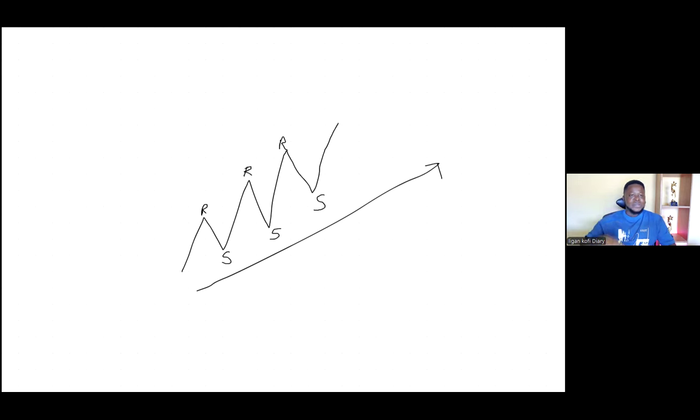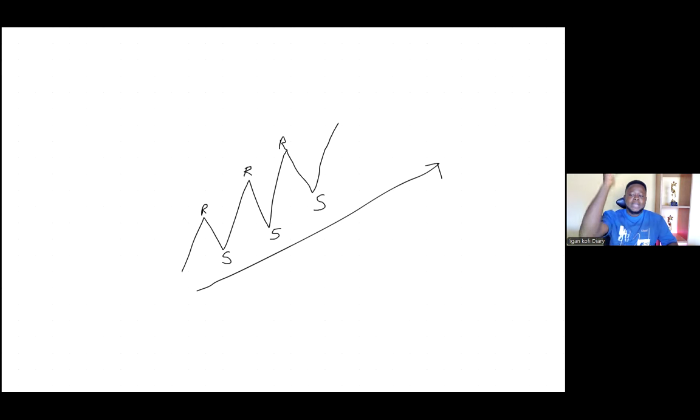The ground on which the ball bounced and went up is called the support. The ceiling on which the ball hit and started falling back down is called resistance.